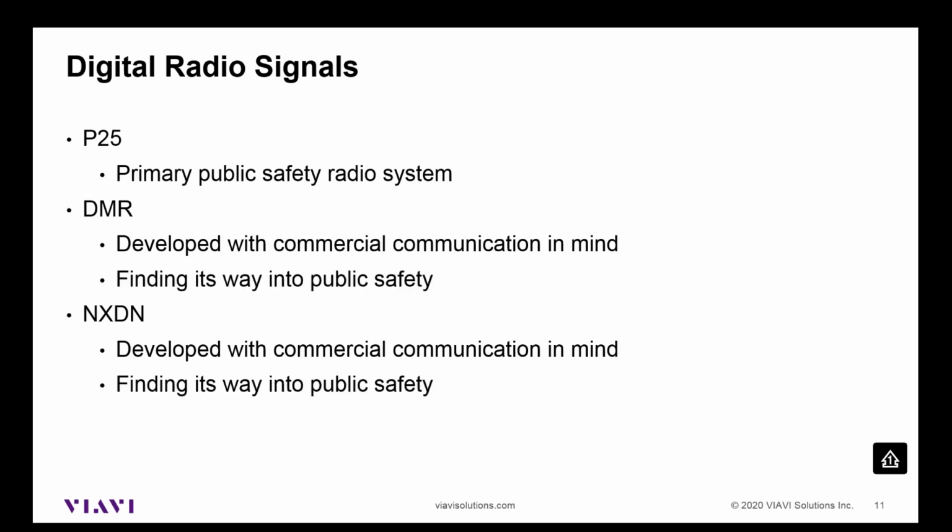That said, as organizations are looking to save money and stay within budgets, a lot of public safety organizations are also starting to use DMR and NXDN in their communications. They may not be their primary means of communication, but they are using these radios and finding ways to interface them with their P25 system.